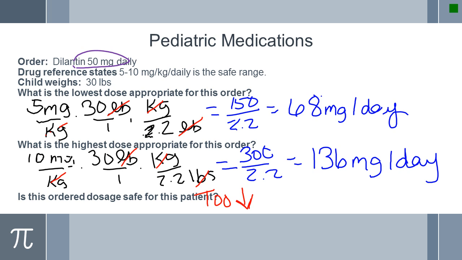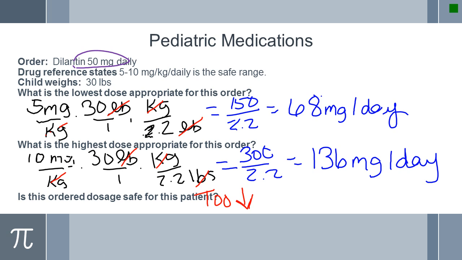That cancels out. So then our math is 5 times 30 is 150, divided by our 2.2 gives us 68.1818, so 68 milligrams per day.